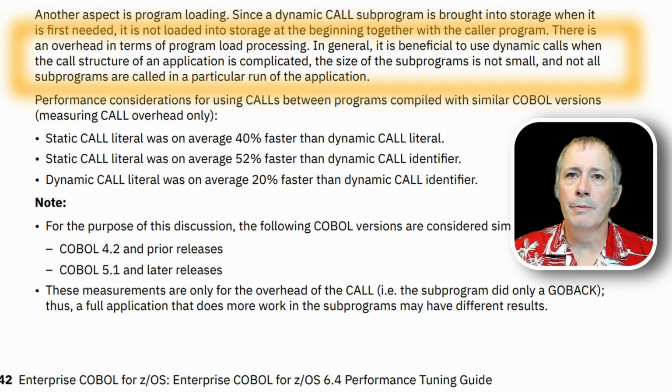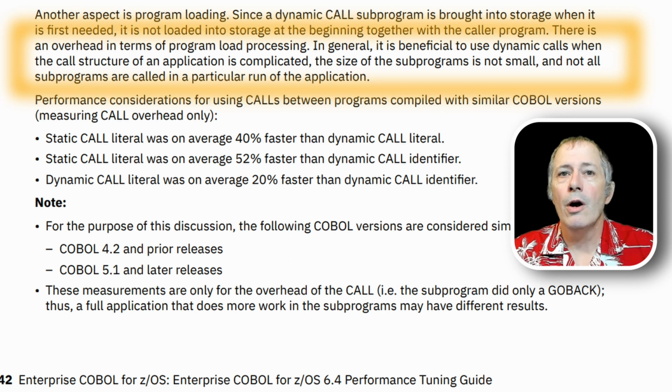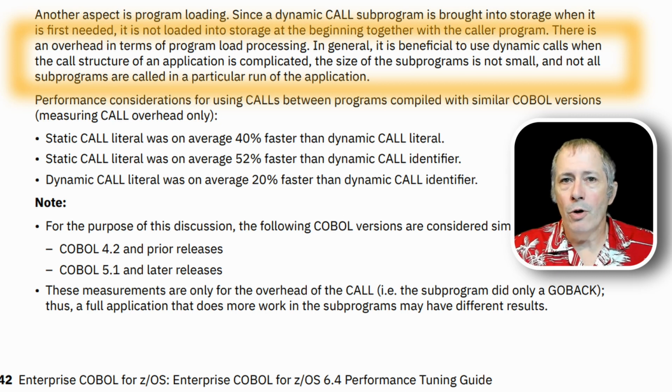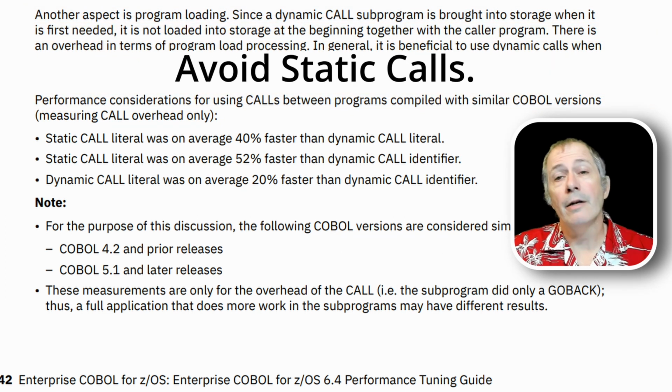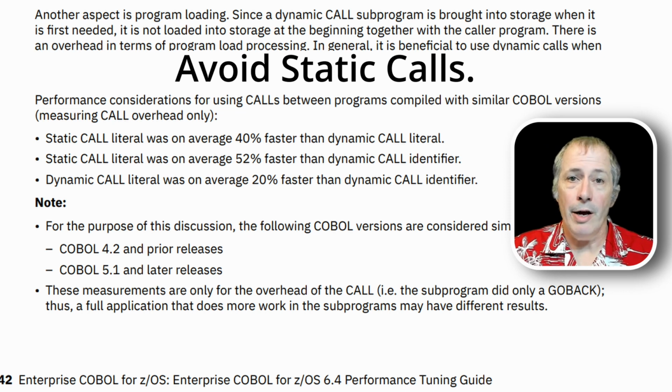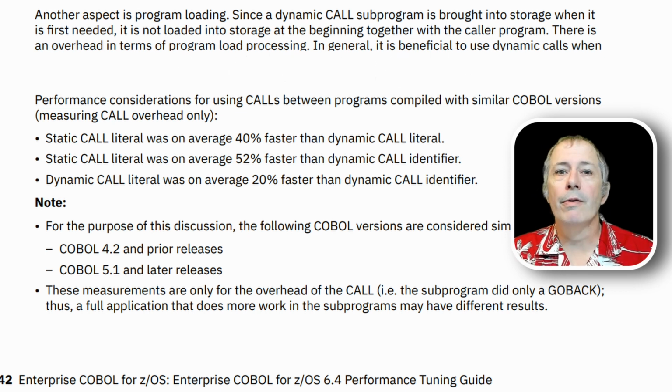In general, it is beneficial to use dynamic call when the call structure of an application is complicated, the size of the subprograms is not small, and not all subprograms are called in a particular run of an application. I summarized that as avoid static call. They are more trouble than they are worth.